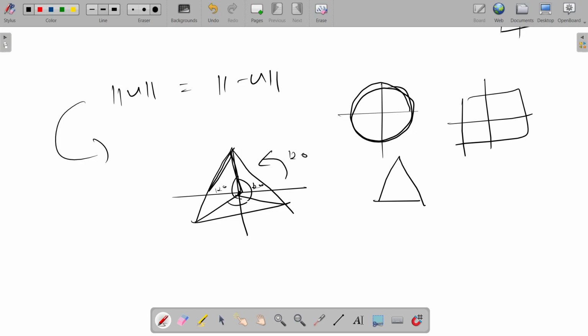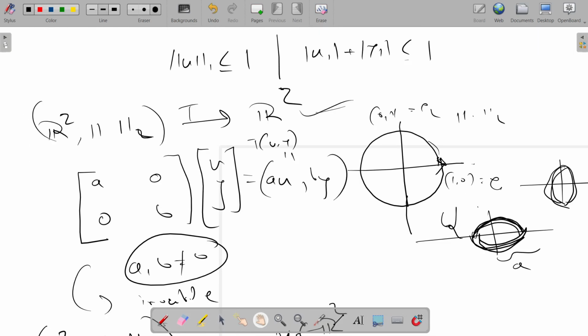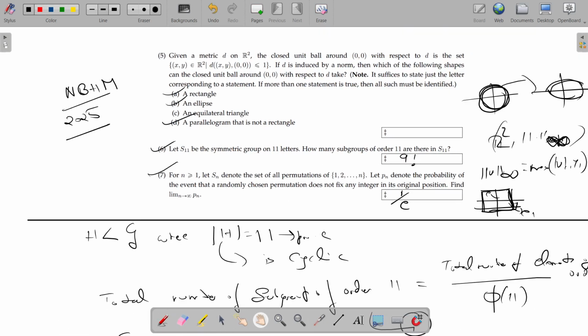But if we rotate it by 180 degrees, we won't get the same shape. So this won't form a norm. We won't ever have an equilateral triangle as a closed unit ball. So basically we are done. So this will be false.